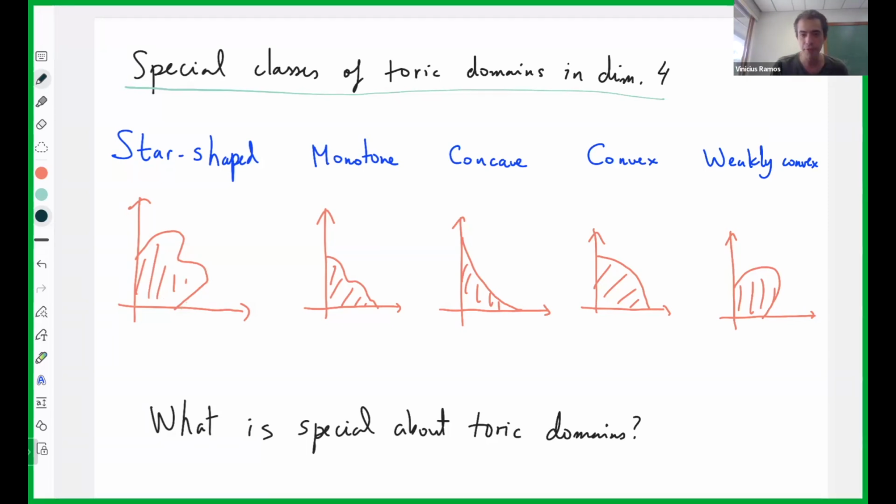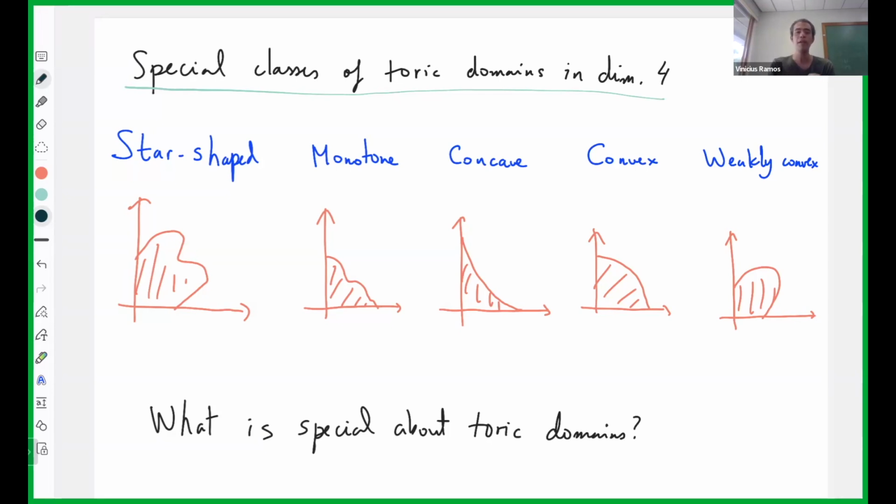And then we have monotone. This is a class that Jean Gutt, Michael Hutchings, and I defined a few years ago. Basically it is a class where the normal vector field to the boundary has positive coordinates everywhere.